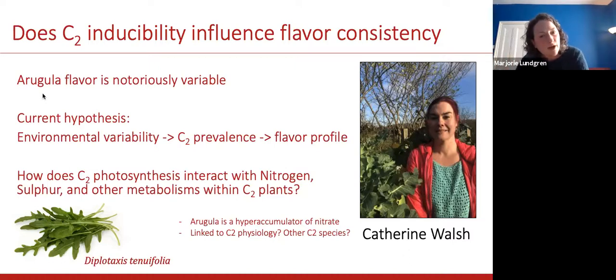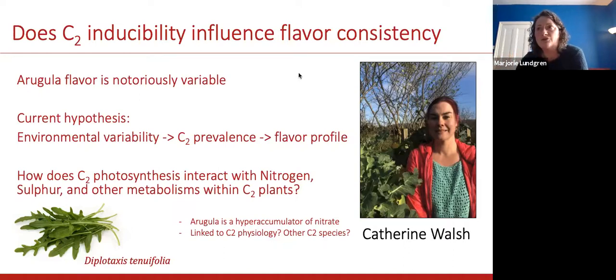But what we know about rocket, if you talk to growers, it's incredibly frustrating to grow because it's very variable. It's notoriously variable. So the taste, the flavor profile will change season to season or probably week to week. It's hard for growers to know what they're going to get. And our hypothesis is some of that flavor variability, that inconsistency might come down to that C2 cycle and how much it's running.